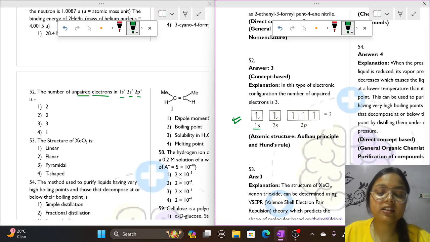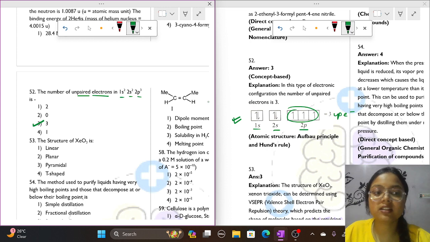In 1s there are 2 electrons, so for 1s the 2 electrons are drawn. For 2s the 2 electrons are drawn, and for 2p the 3 electrons are drawn. So here we can see that there are 3 unpaired electrons. Therefore, the correct answer will be 3 unpaired electrons. Okay, easy.